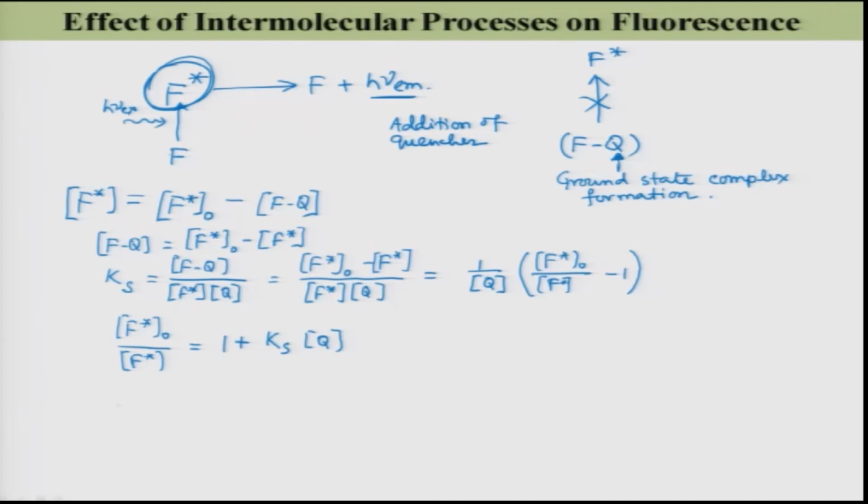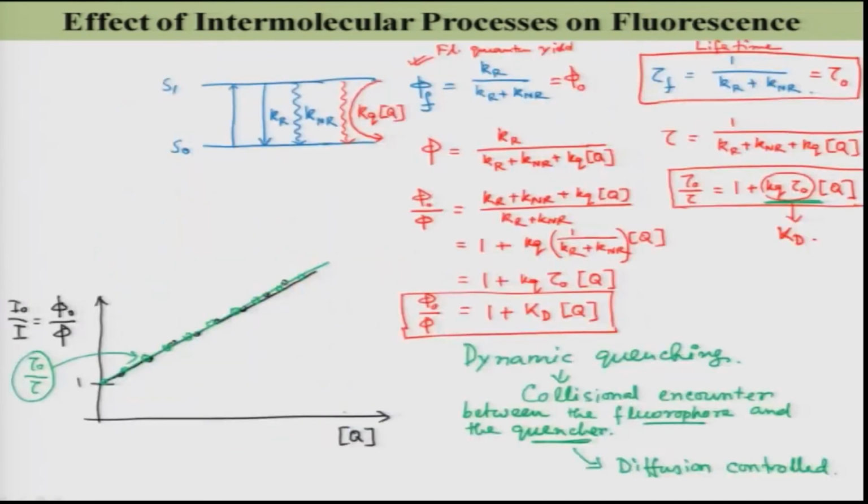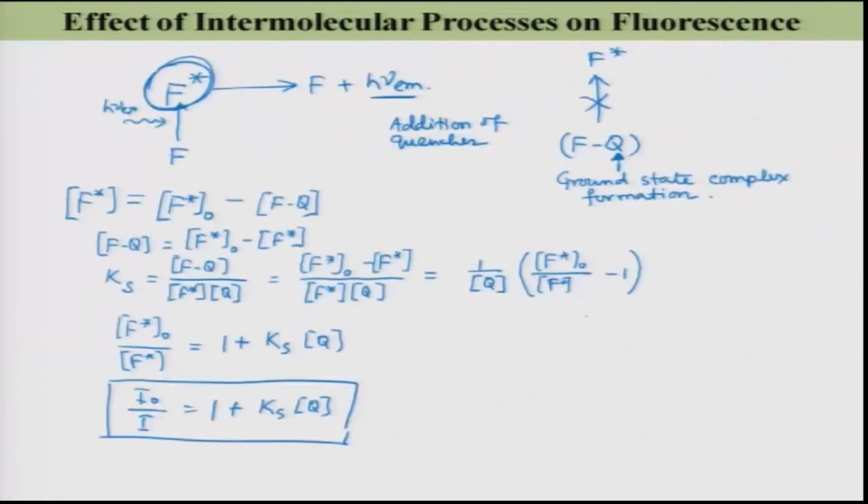So, I can write I 0 by I is equal to 1 plus Ks into Q. You see this form of this equation and look at the form of the other equation: phi 0 by phi equal to 1 plus Kd into Q, and here I 0 by I is equal to 1 plus Ks into Q. They are exactly the same.